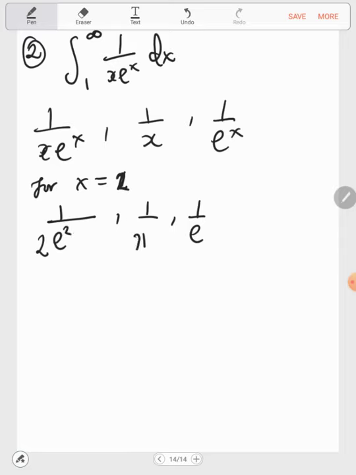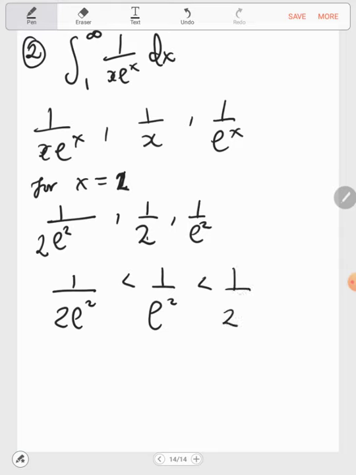This will be half, and this will be e to the power 2. Exponential e is 2.71 something. The smallest here is this one with a bigger denominator: 1 over 2e to the power 2 is less than 1 over 2e and less than 1 over 2.